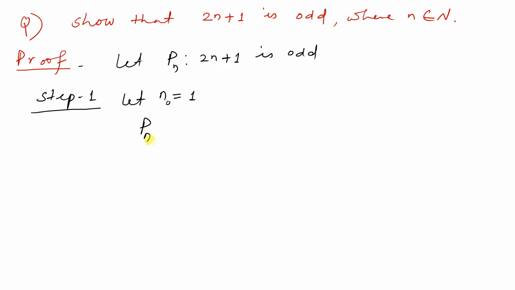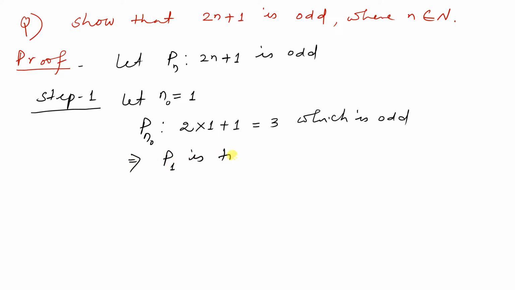Then Pn naught is 2 into 1 plus 1, that is equal to 3, which is odd, which implies P1 is true.